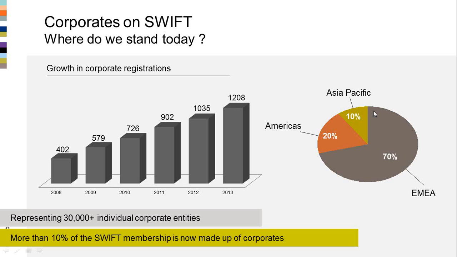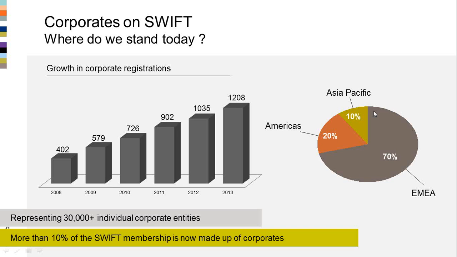The pie chart on the right shows the geographic location of those corporates. So you can see very clearly that the vast majority of those corporates today are in EMEA, and probably it's fair to say that even within EMEA, Europe is probably the dominant location.